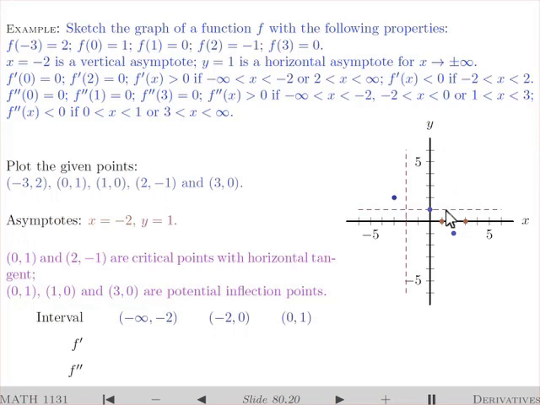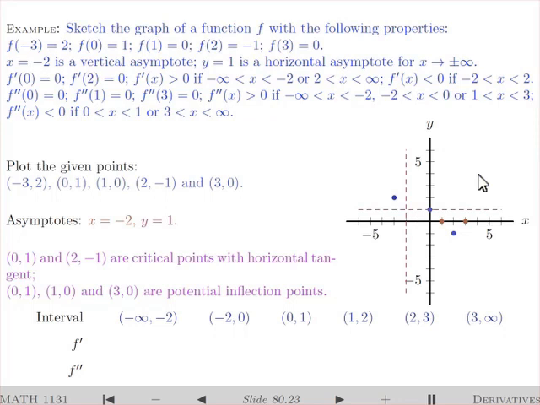And then 1 to 2, where I have a critical point with a horizontal tangent. And then from 2 to 3, where there is another potential point of inflection. And 3 to infinity, there are no points of inflection, critical points or vertical asymptotes. So these are our intervals.